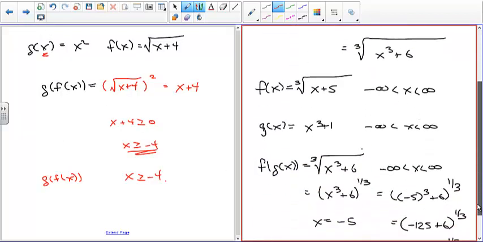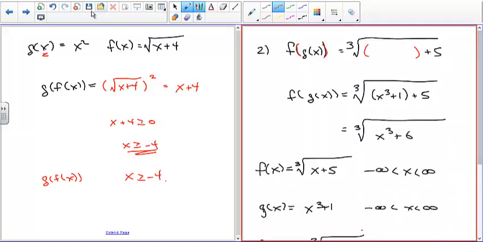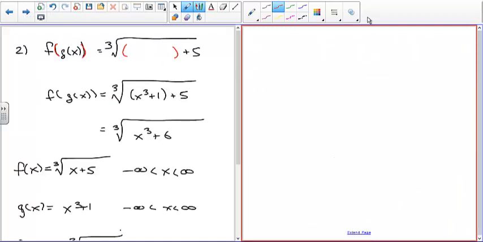So this one we said f of g of x, the domain was all real numbers, and I used my calculator to prove I knew what I was talking about there as well. Now, g of f of x, so what we're doing here is we have x cubed plus 3, so I'm going to do the x cubed part as this thing, something cubed plus 5.